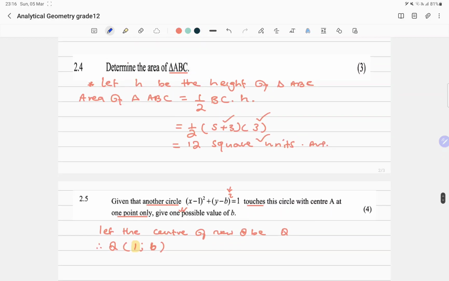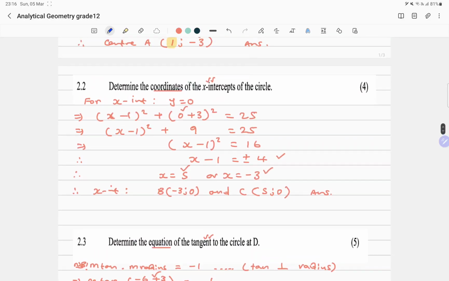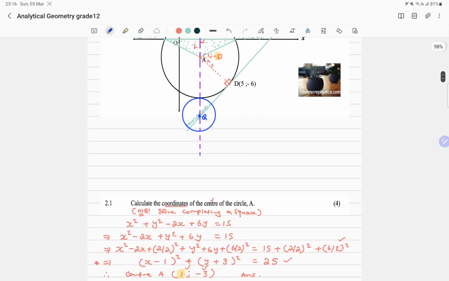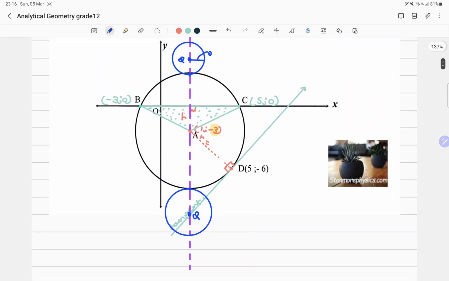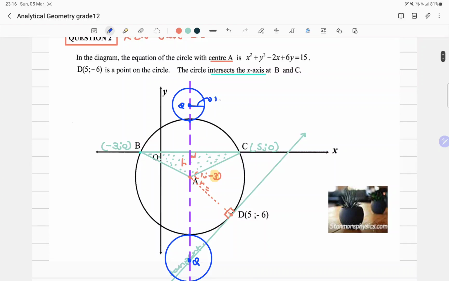When you take the square root of 1, it's just 1 unit. Okay guys, I'm going to try to move a bit quicker. Sorry for taking too much time. So this is 1 unit. But what is this one? This one is 5 units, the square root of 25. Okay, so that's understandable. Now what do we do?